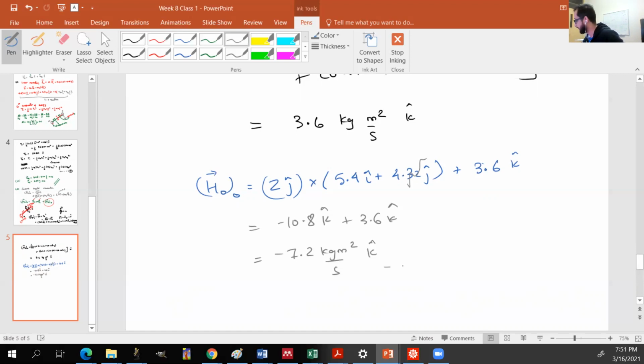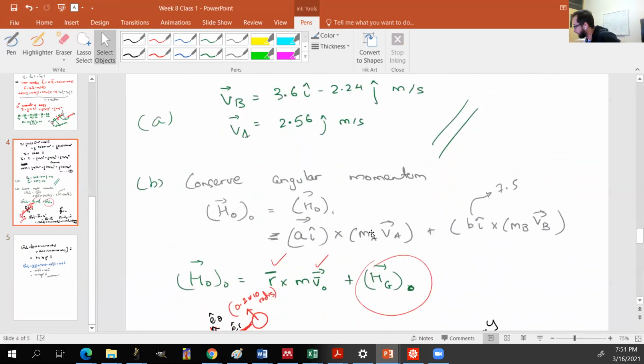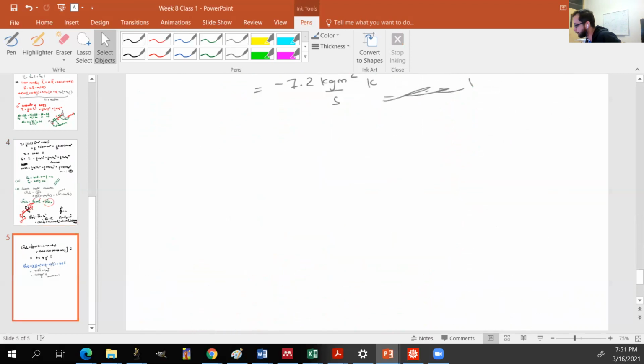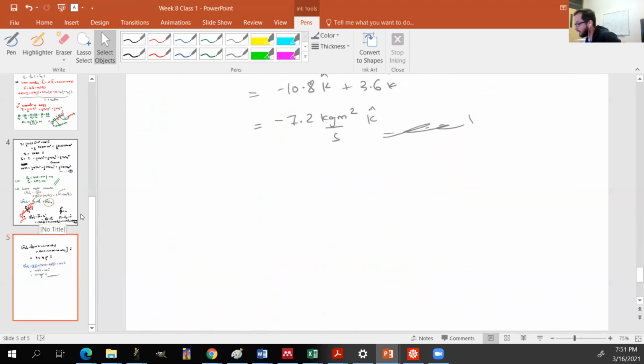All right, so this is your expression for HO. Plug it in over here and equate it, so this is the HG expression. I'm just going back and equating it. So it's that initial momentum is equal to final momentum.